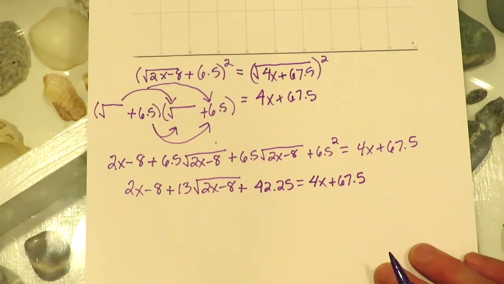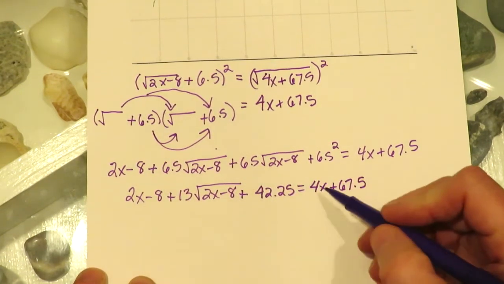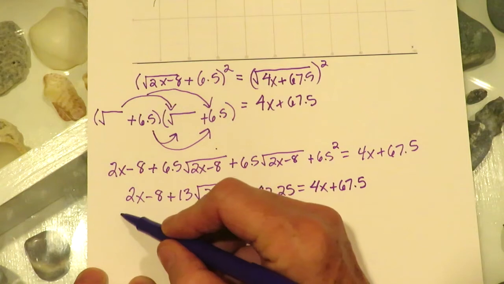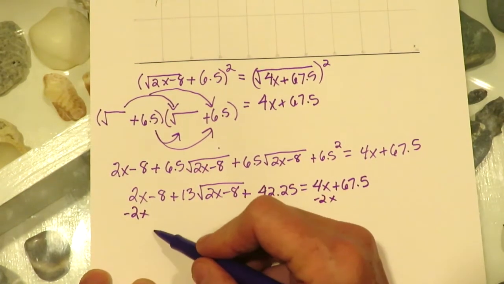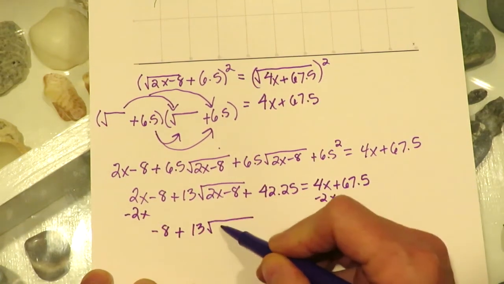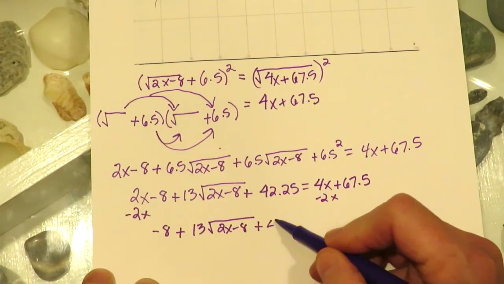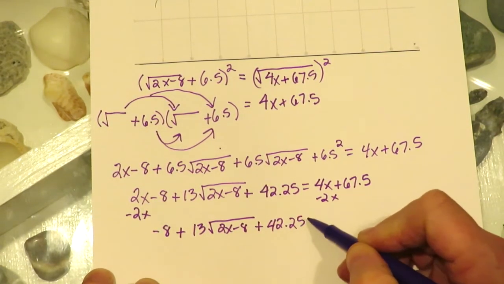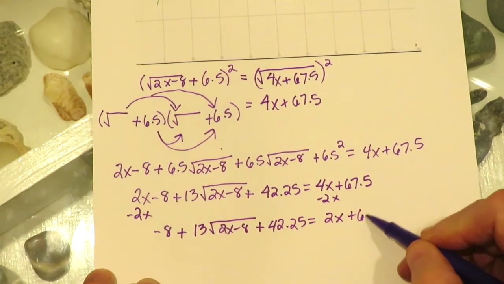Well, let's try to collect like terms. So my 2x is like the 4x, so I'm going to subtract 2x from both sides, and I get negative 8 plus the 13 times the square root of 2x minus 8 plus the 42.25, and on this side 4x minus 2x is 2x.